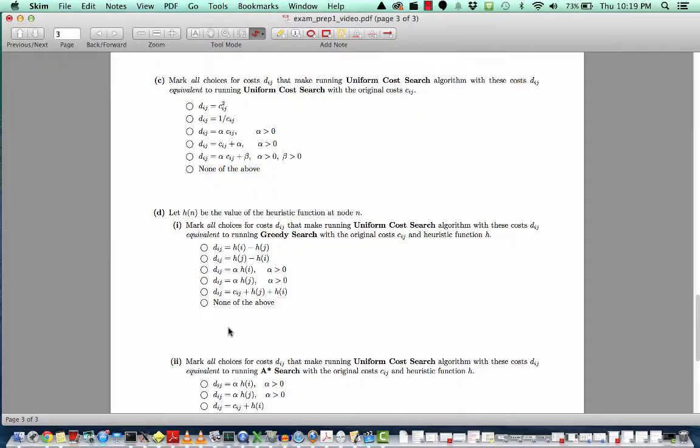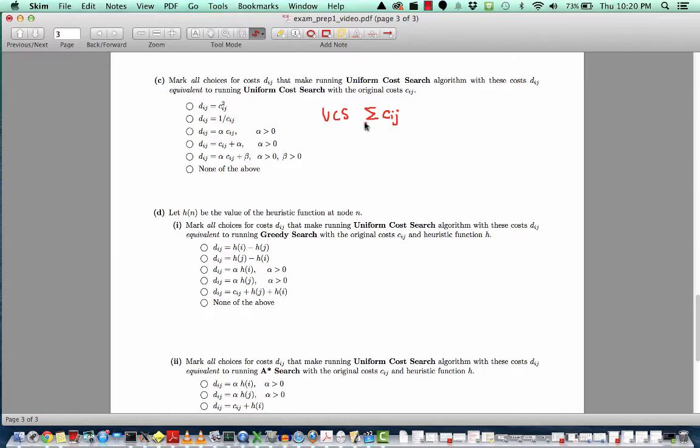Moving on to problem 3, we're now comparing uniform cost search on a graph with weights dij between node i and node j versus uniform cost search on a graph with cost cij. Remember that uniform cost search takes nodes off of its fringe by calculating the sum of all of the edge weights, all of the costs in a particular path.